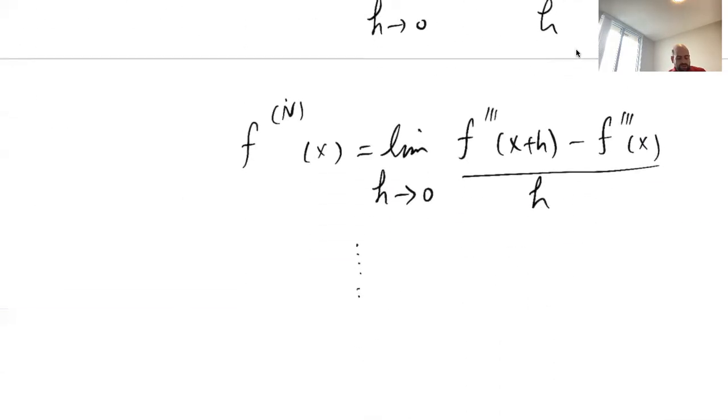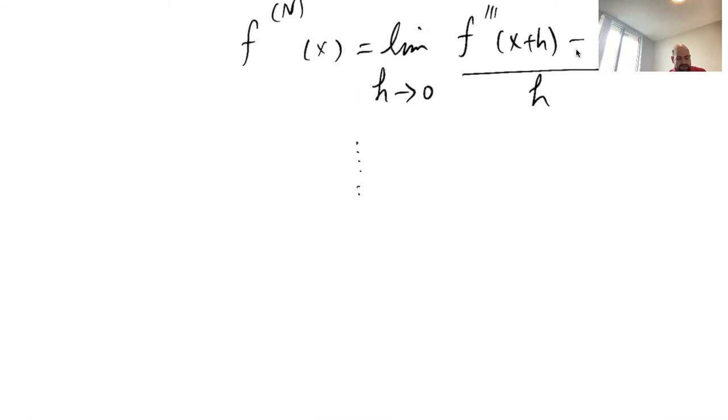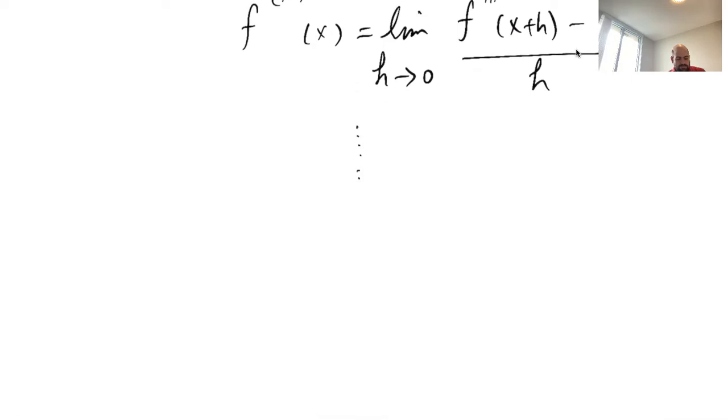Is it concave upward, like for example this function, or concave downward like this function? So this is determined by the second derivative. We will see that later.